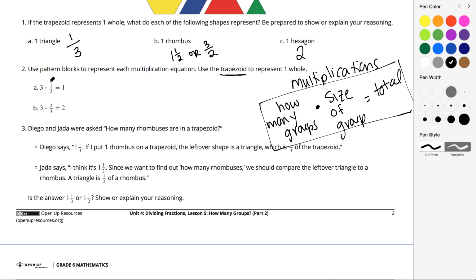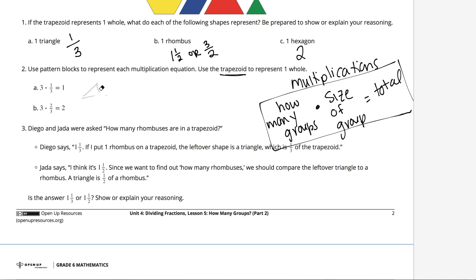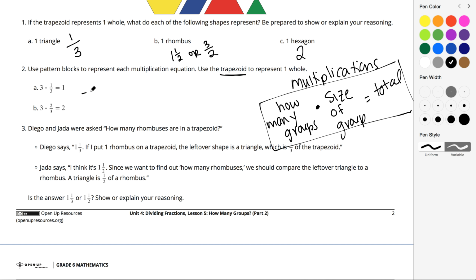So I have 3 groups the size of a third are equal to 1. So what is 3 groups the size of a third? The triangle was the size of a third. So I need to draw 3 triangles. Goodness, that was a terrible picture. I'm going to try that again.